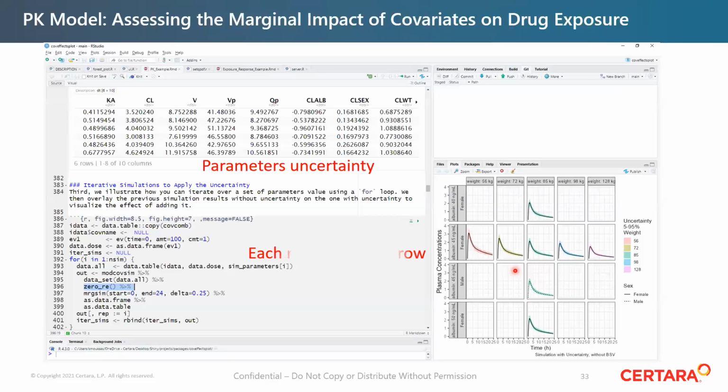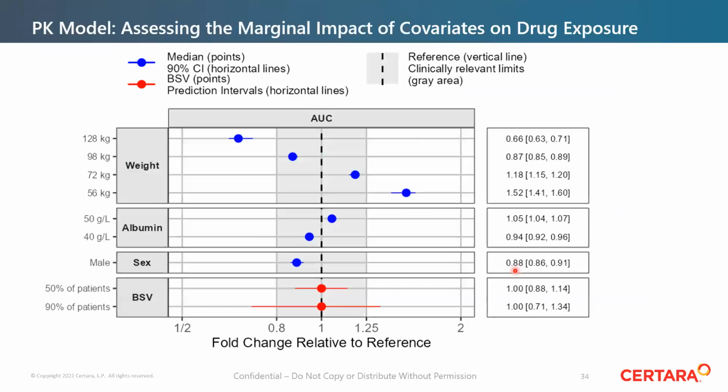So here I'm showing relative to reference, what is the BSV impact on reference, and we can clearly see here that weight has the largest effect. On purpose, I put the largest effect covariate on top, then it's ordered by the strength of covariates.